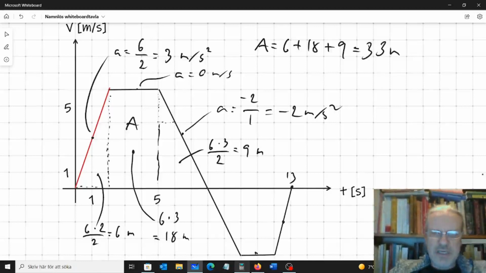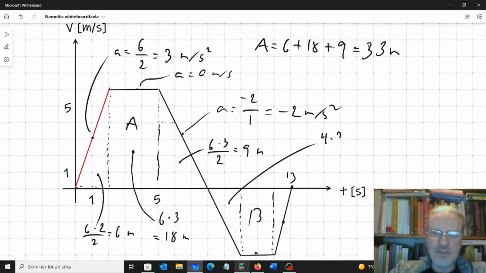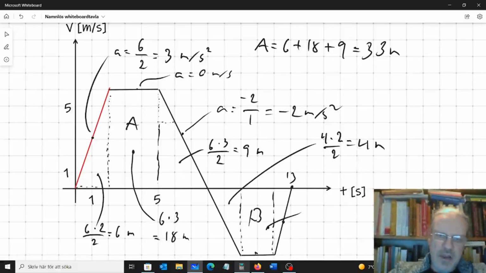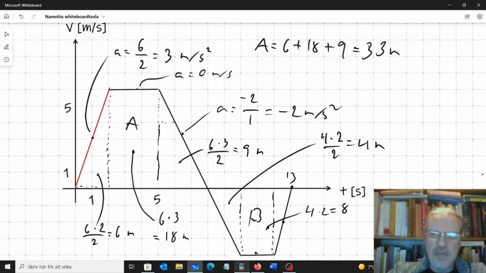Then we can look at the second part here. Let's call that B. We can split that into triangles and rectangles too. So this first part here, 1, 2, 3, 4. Okay, so that would be 4 times 2 divided by 2, or 4 meters. The second part here would be 4 times 2, or 8 meters.